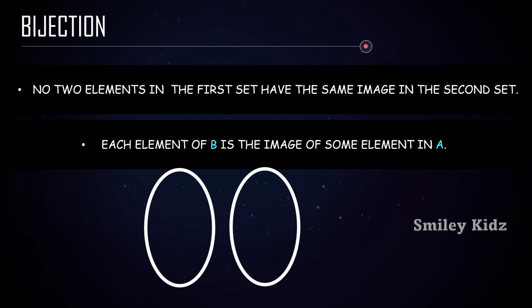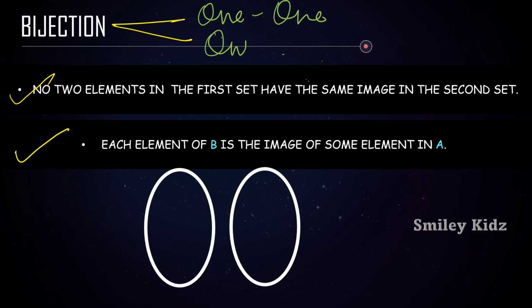Moving forward to the last function that we have, the bijective function or a bijection. If you look at these two definitions, they are known to us previously. Bijection means it is a combination of both 1-1 and onto functions.